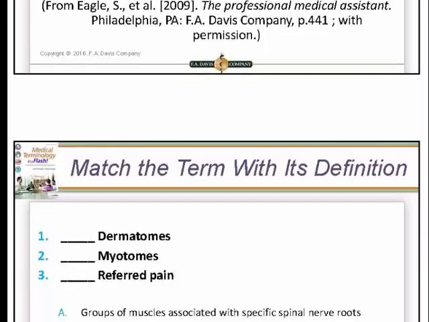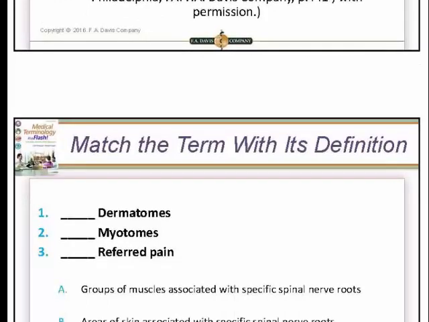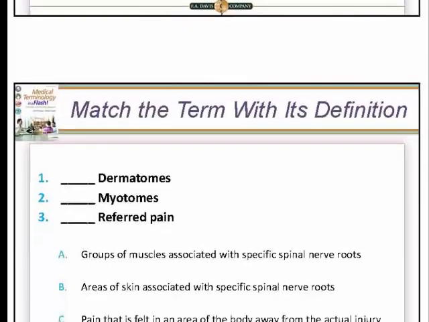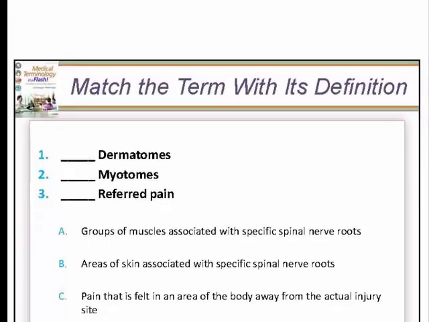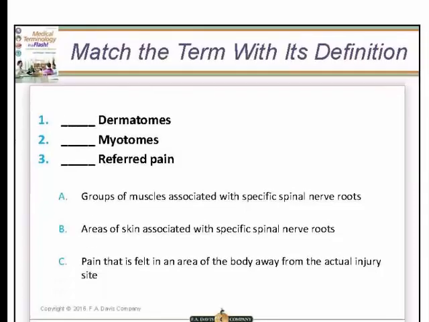Pathologies, procedures, and pharmacology. Table 5.3 lists terms that relate to diseases or abnormalities of the nervous system. Alzheimer's disease is a form of chronic progressive dementia caused by the atrophy of brain tissue.